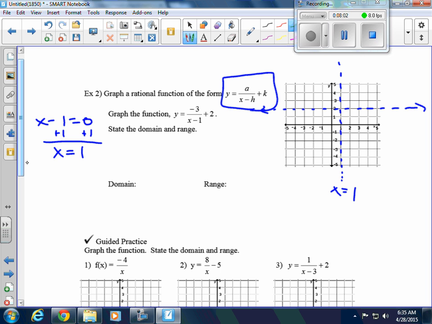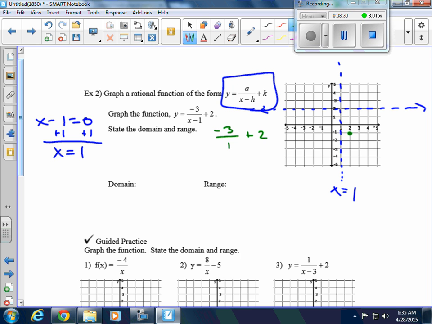So once again, I'm going to put in 2. So it's going to be negative 3 over 2 minus 1, which is 1, plus 2. So I have negative 3 plus 2, which is negative 1. And then let's plug in another point. It doesn't really matter, but let's go out a couple spots.